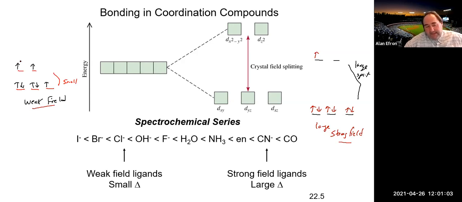Well, what we see is we have a lot more unpaired electrons in our weak field versus our strong field distribution. And a lot more unpaired electrons gives us paramagnetic, and we get a lot more spin happening in this particular complex ion.